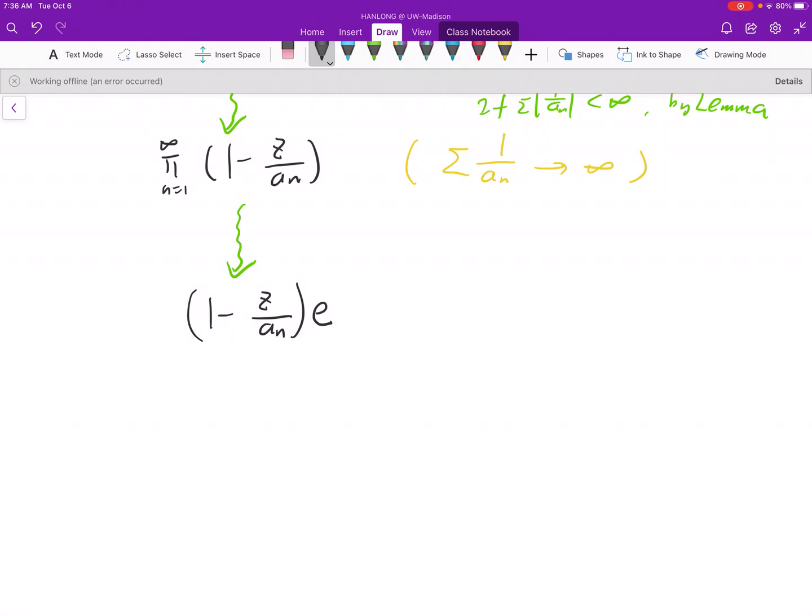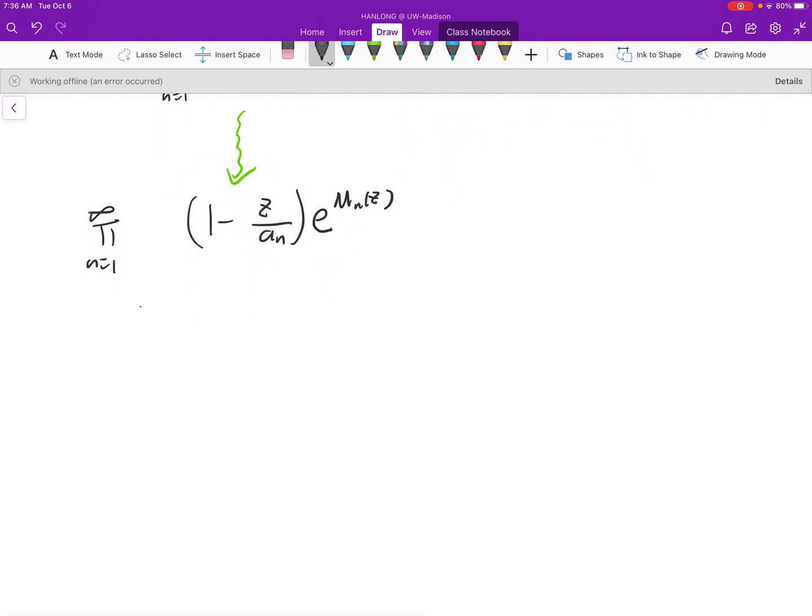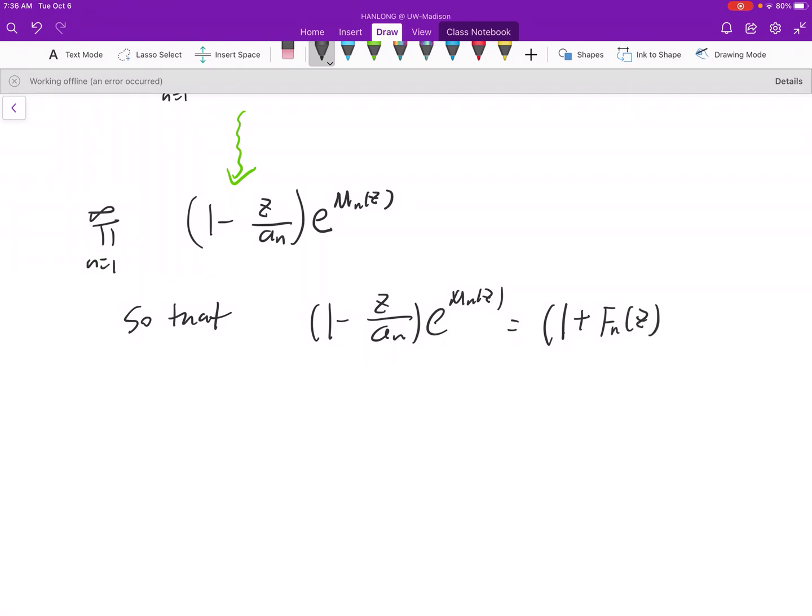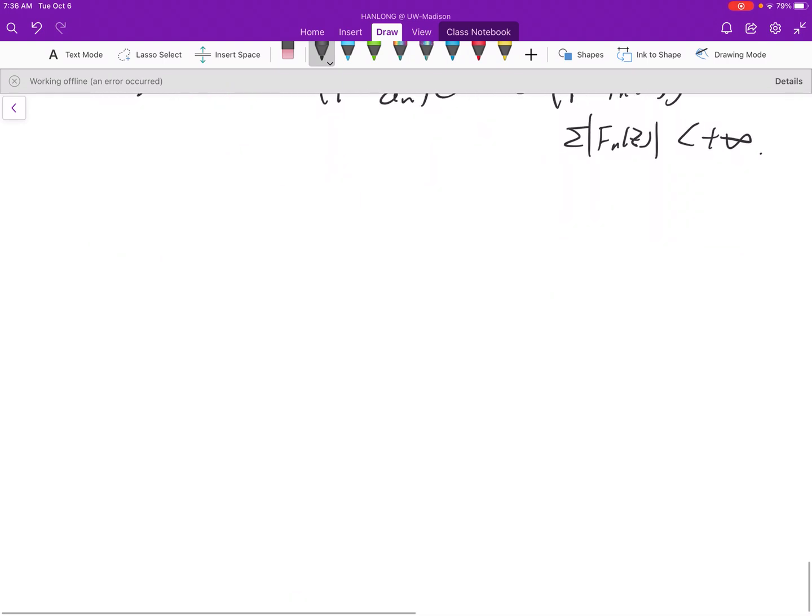So here, probably let's see how to say, mn and z, so that after we modify it, if we write down some function like this, then we have the norm of fn and z, summed up, is less than infinity. Okay, now let's figure out what is mn.